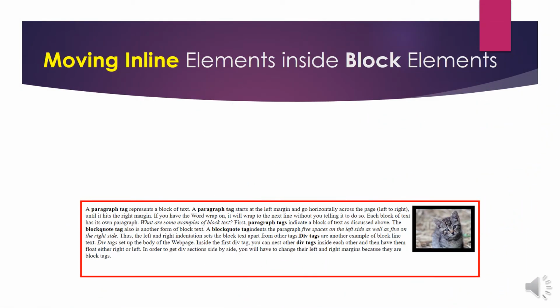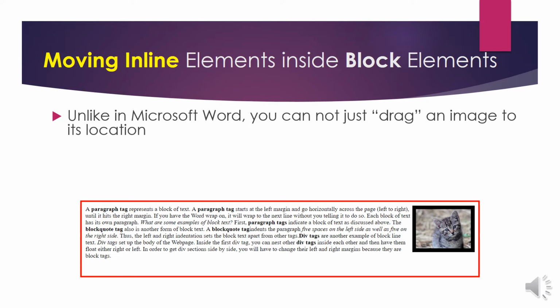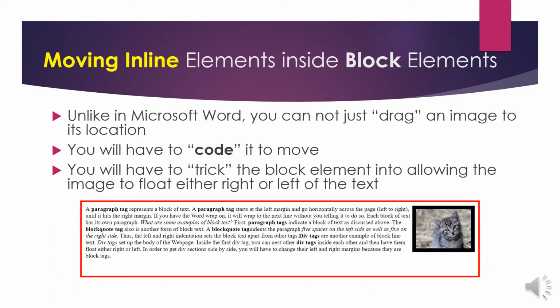So how do we move inline elements so that they can be inside block elements? We really have to kind of trick it. It's not like Microsoft Word where you can just click on something and drag an image to its location. Can't do that here. We're in programming. So you have to code it or tell it to move.